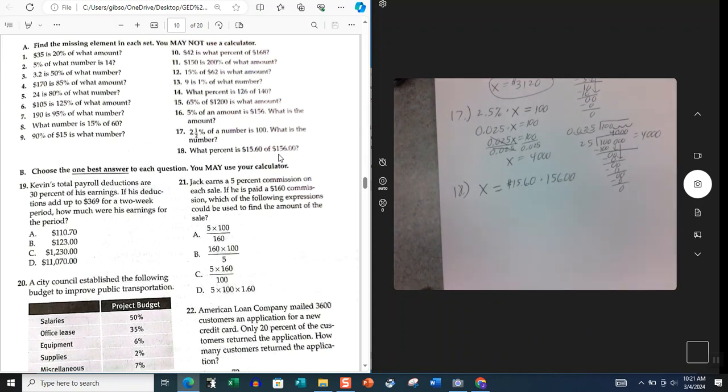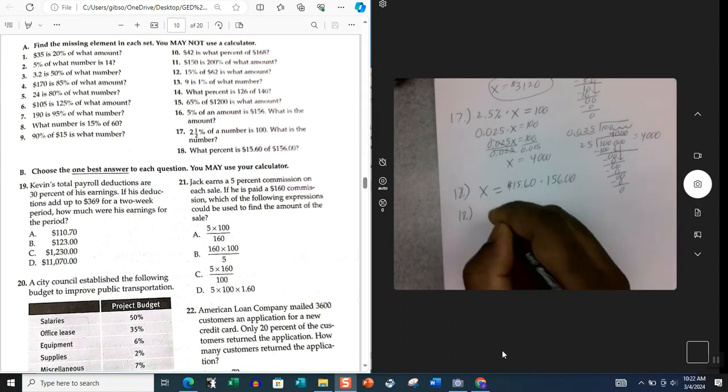Okay, now with 18, this is how we would write this the standard way, but this isn't a standard problem. You're not going to encounter many problems like this. So we're going to write this out, and I have to show you how to do this problem. So let me write this out.